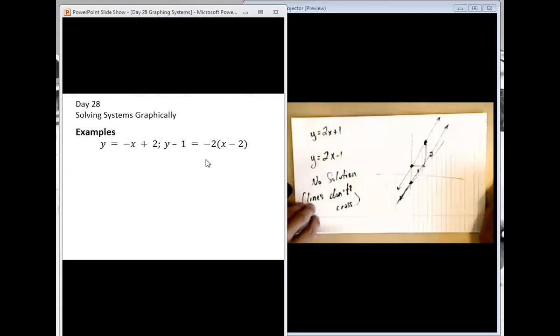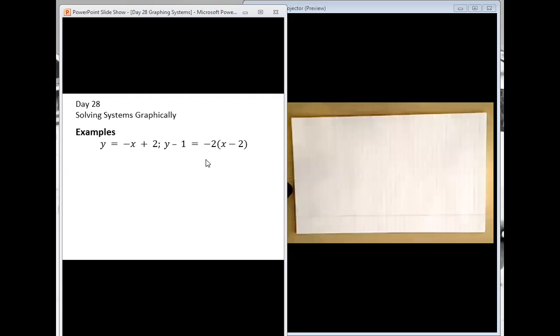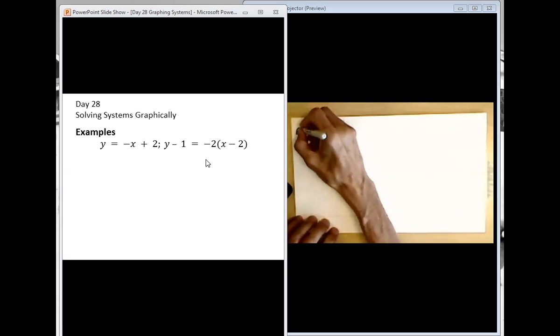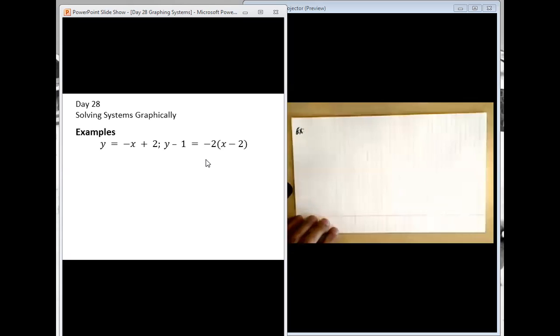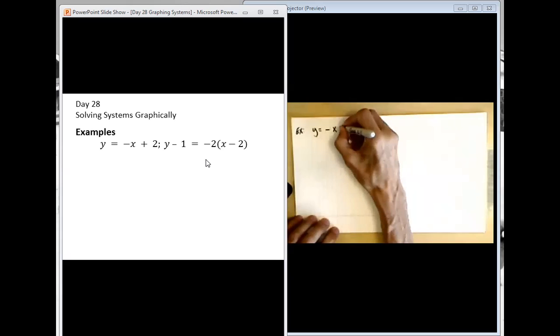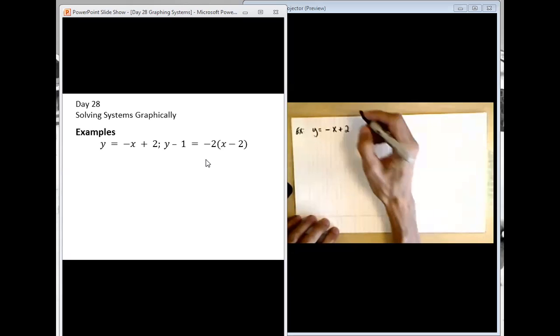We'll pretend one is costs, one is revenue, and we'll see how much profit we can make from this here. So y is equal to minus invisible 1 plus 2, right?